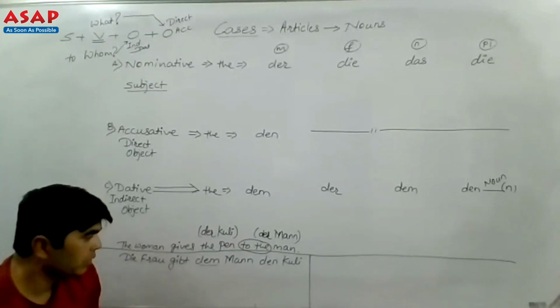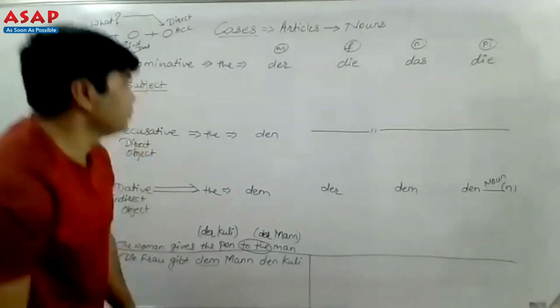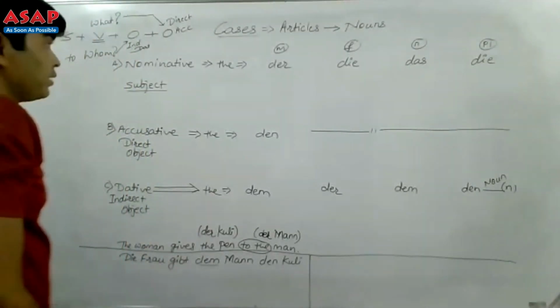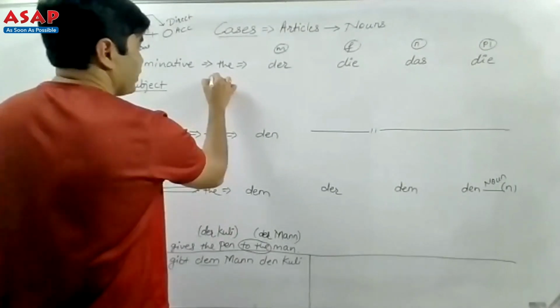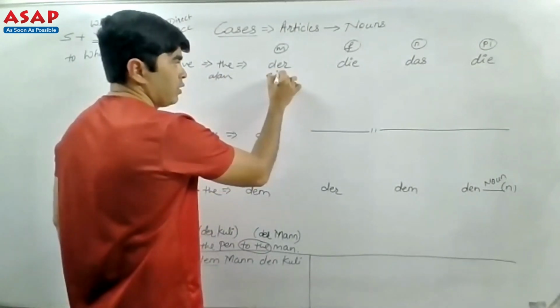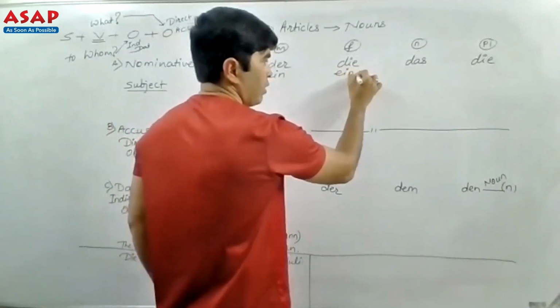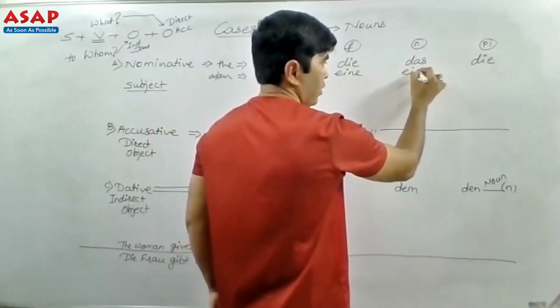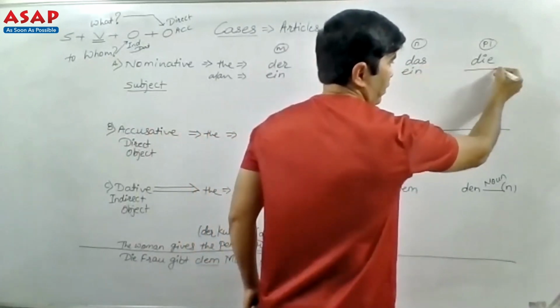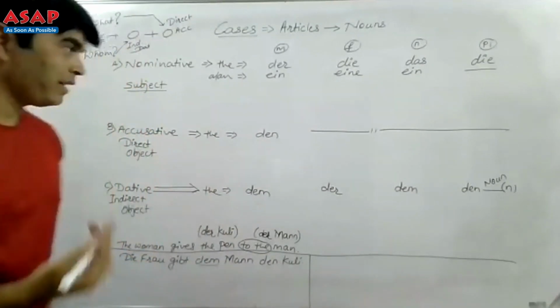So now next, you need to try the next article, that is unbestimmter, "a" or "an". Tell me nominative, how is it? Ein, eine. Eine, nothing in plural, right?